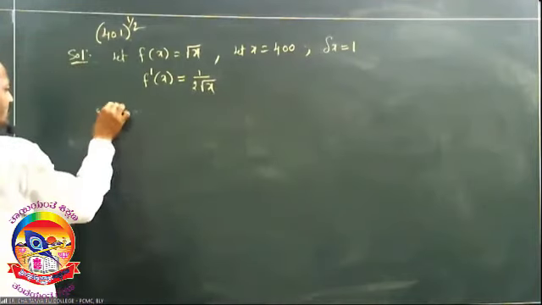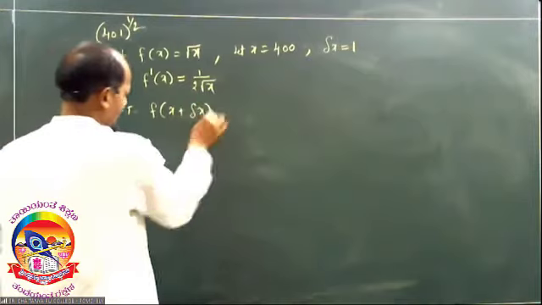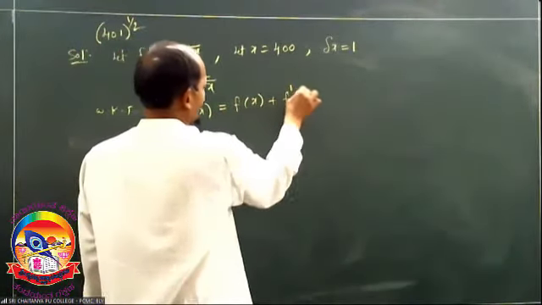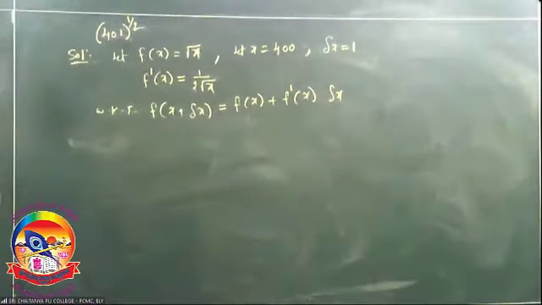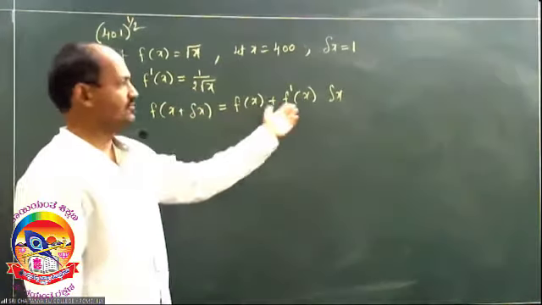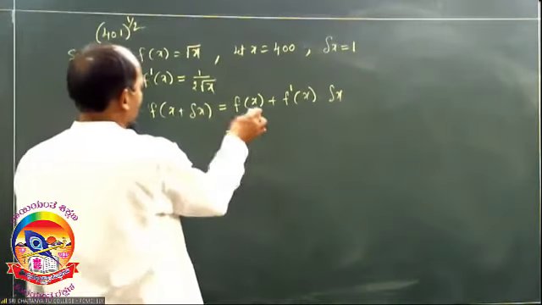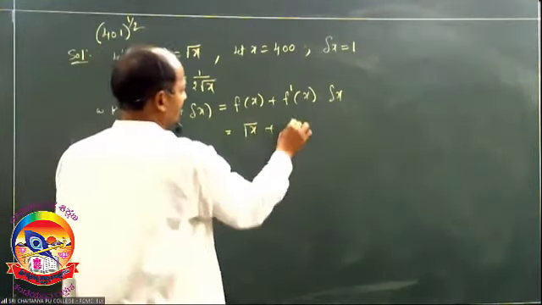We know the formula: f of x plus delta x is equal to f of x plus f dash of x into delta x. What about the function root x, and what about its derivative?